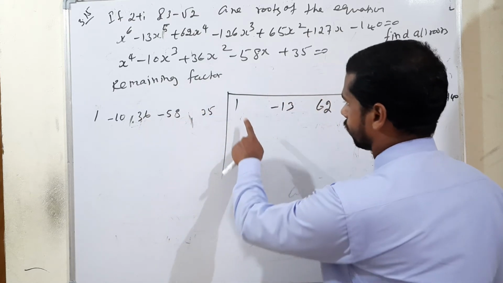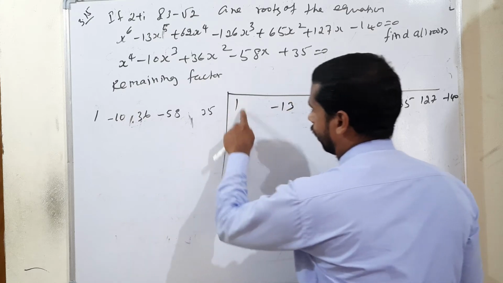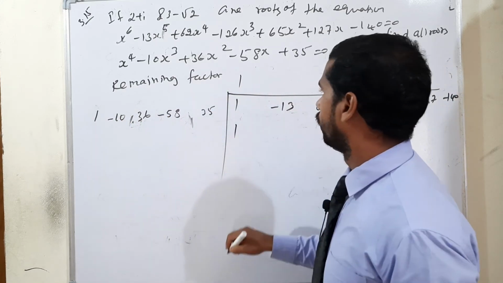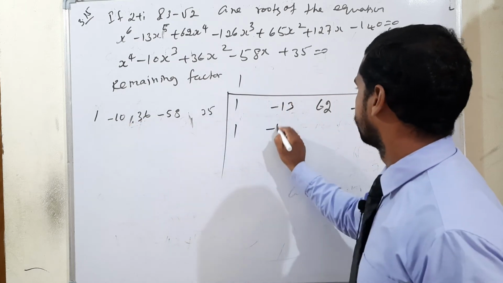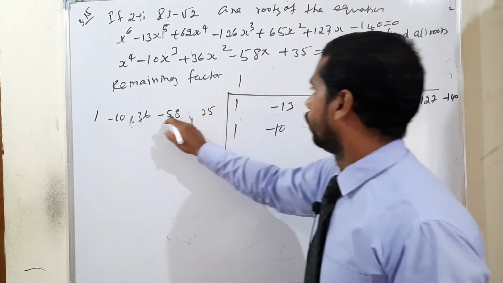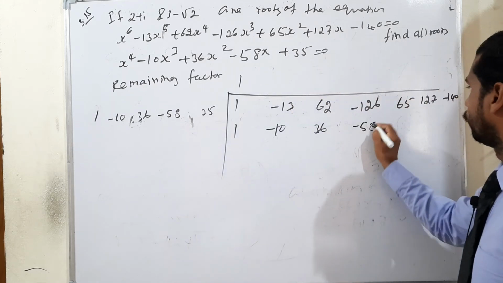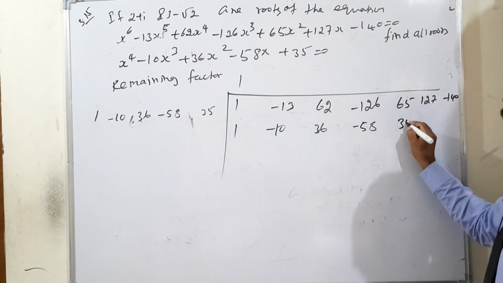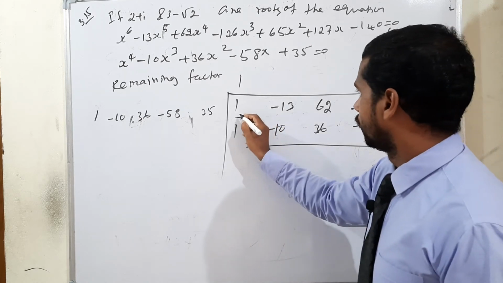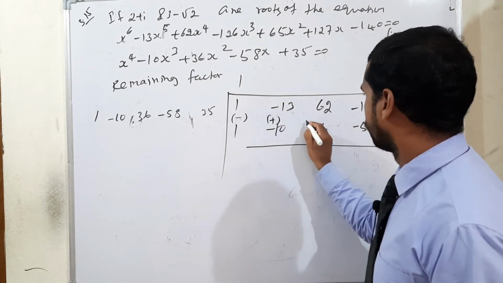So which number to multiply? We have the same first term: 1 into 1 means 1 will come. Again 1 into minus 10 means minus 10. 1 into 36 means 36. 1 into negative 58 means negative 58. Again 1 into 35 means 35. Now throughout the sign changes: plus means minus, minus means plus.